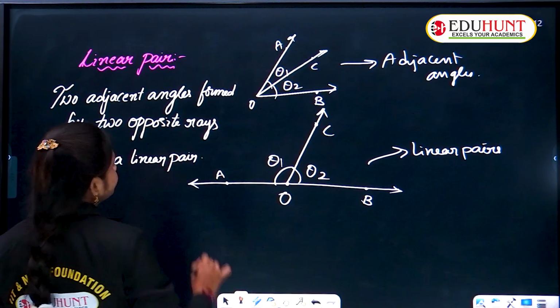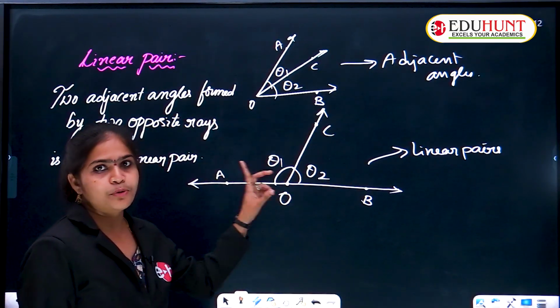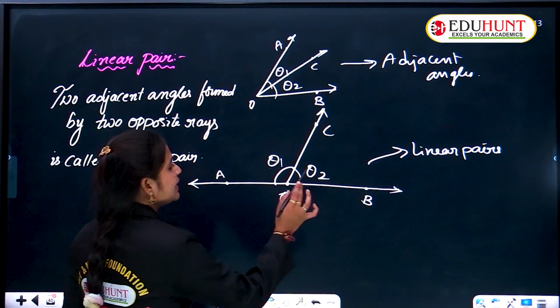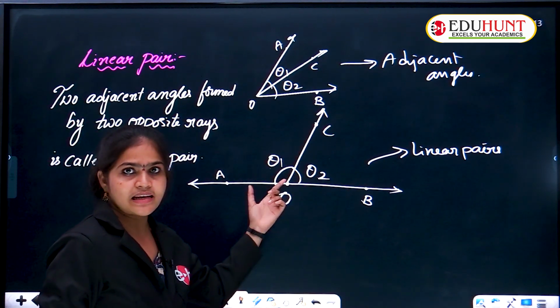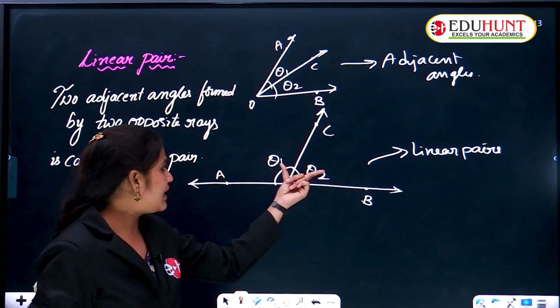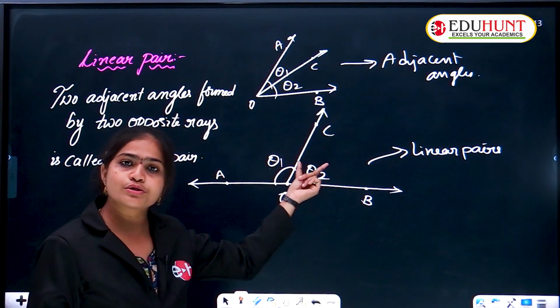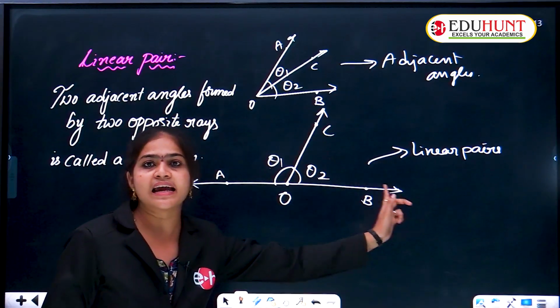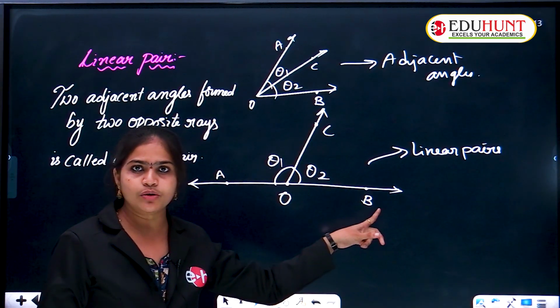Understood? See that OA and OB are opposite rays, and theta 1 and theta 2 are the angles formed on two opposite rays, and those two are also adjacent angles. OC is the common arm, no? Then theta 1 and theta 2 are adjacent angles formed on a straight line. Opposite rays form a straight line only, no?